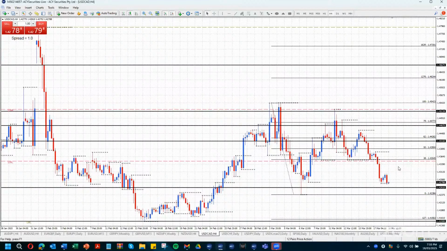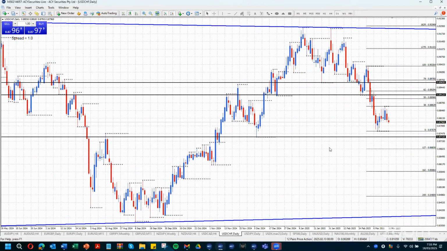Right, so from the buyer's perspective, most definitely watch 142.61 today. I don't really have a sell setup there because the sell setup was back up here. So that's dollar Canadian.